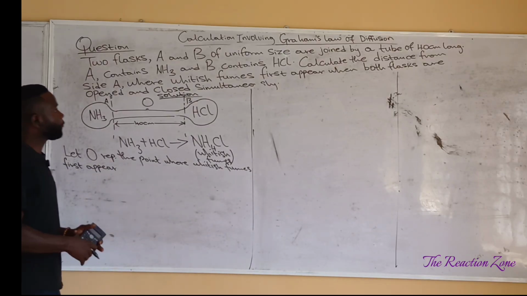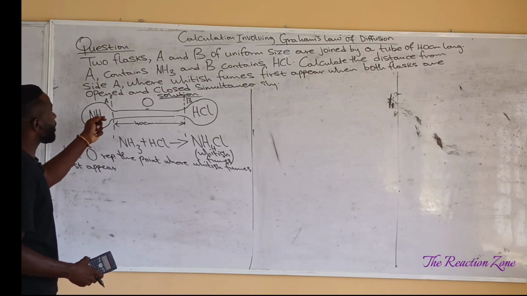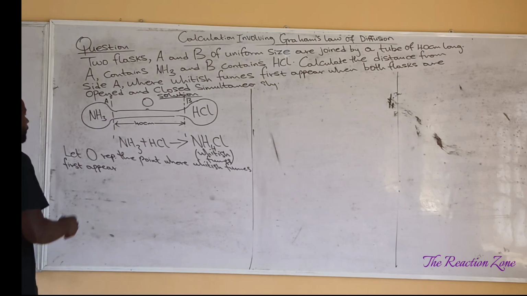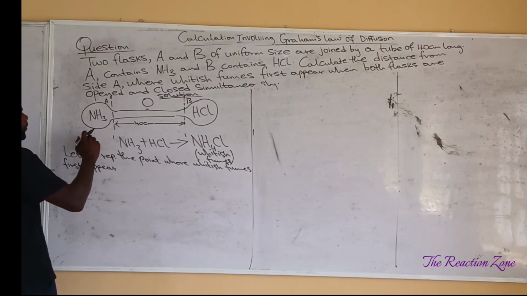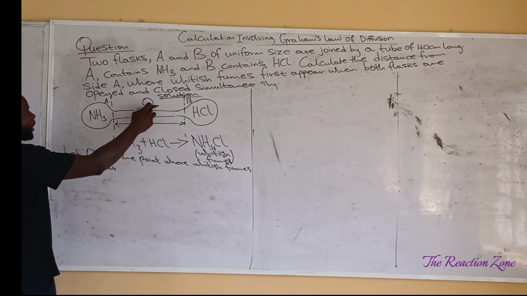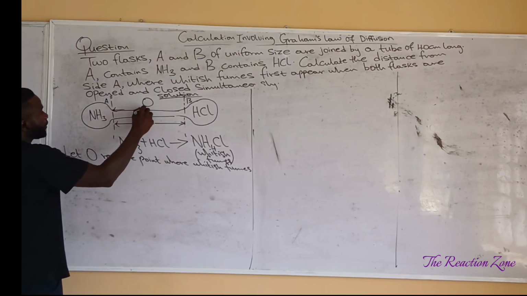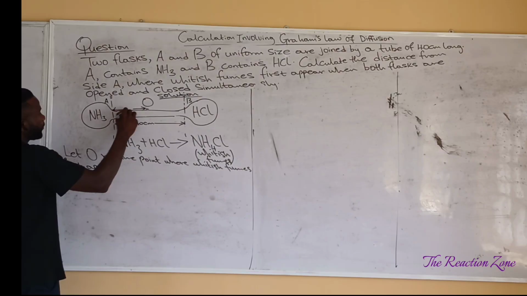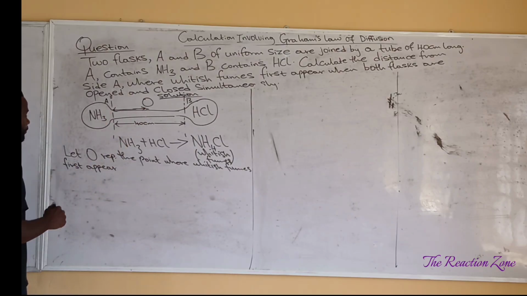The question is telling us to find the distance of the side A from where the whitish fumes first appear. If this is A, the flask, and O is the point where the whitish fumes first appear, it means that the question is telling us to find this particular distance here. This particular distance from here to this point.